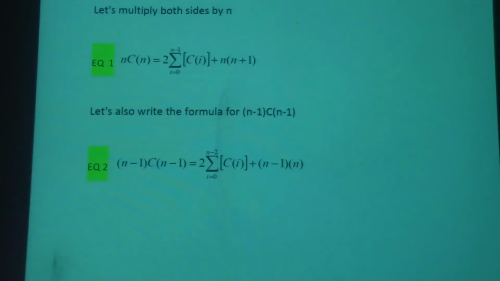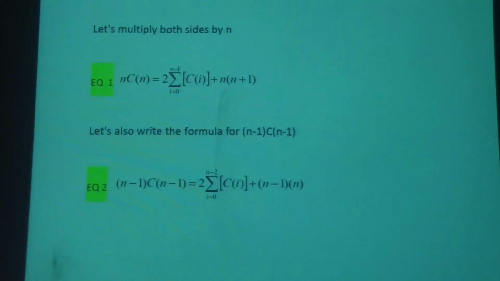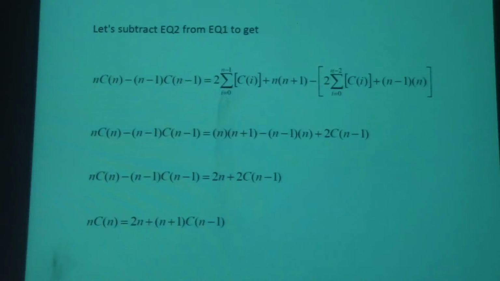Now we're going to try to get some kind of a difference. So we're going to subtract equation 2 from equation 1. That means we subtract this one minus this one, and this one minus this one, so that you can see how that's working. So it's nCn minus n minus 1 times Cn minus 1.